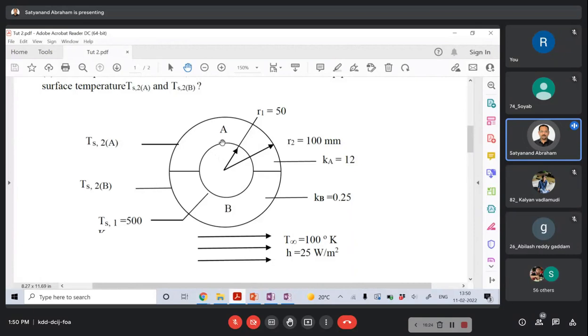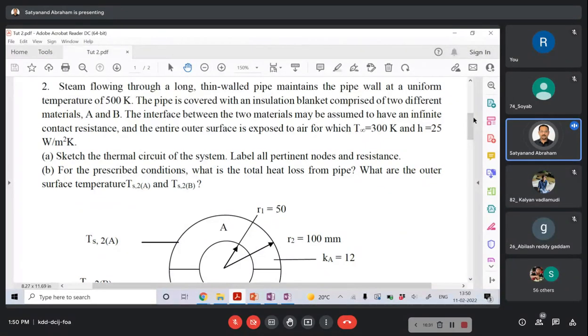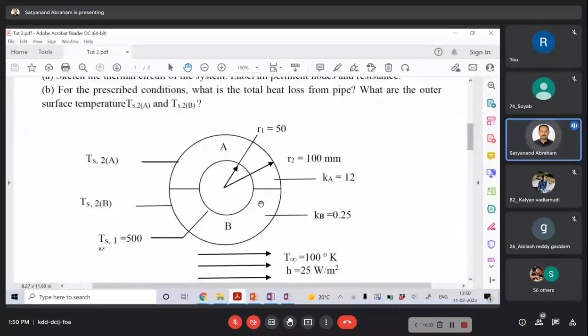A and B are the insulations, and therefore the thermal resistances are only for A and B, and obviously the convective resistance at the outer surface. The conduction resistance is only through the insulation, since the pipe thickness is given as negligible.